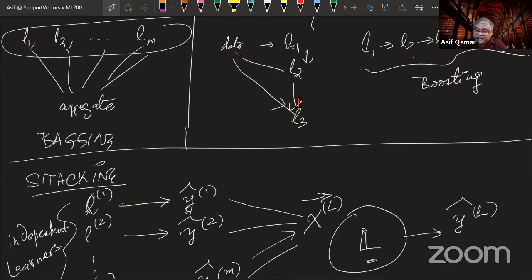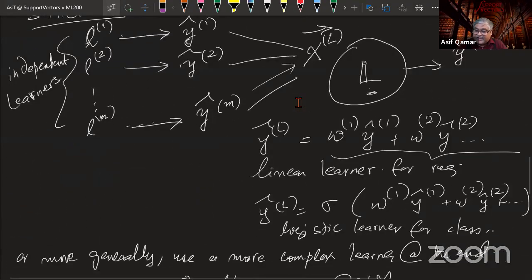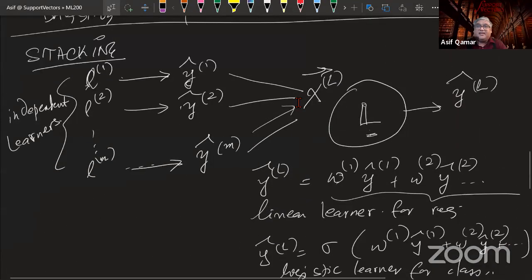So besides bagging and boosting, what else do we have? We have stacking. Stacking is taking some really tuned algorithms. You go and train your independent learners. If you so want, you can even take some strong learners. And then you can stack them. You can create a last level learner.